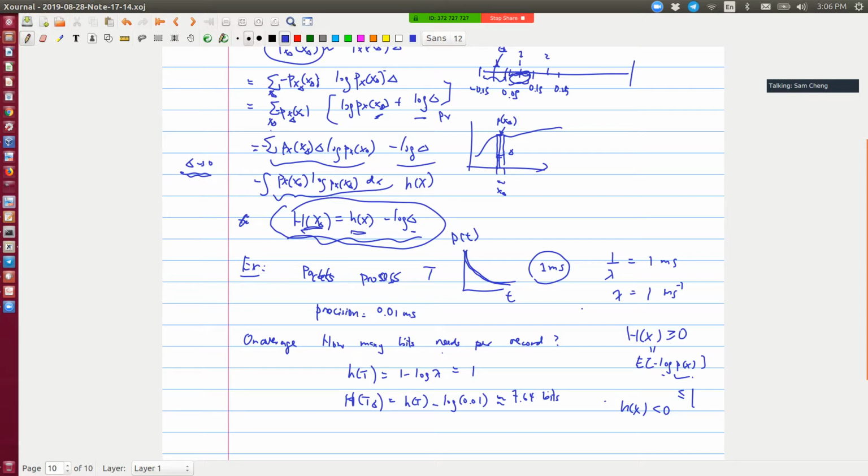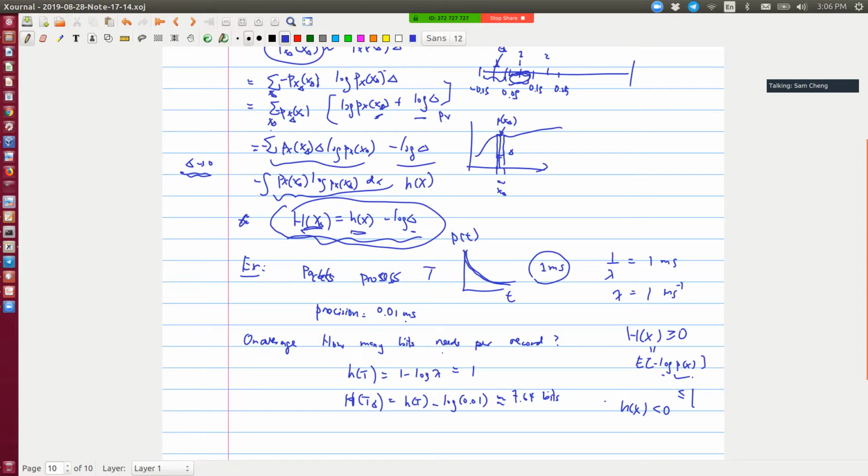We showed last time that we can then compare, let's say we quantize this with a quantization step size of 0.01 millisecond, and we try to store this information: for each symbol, how many bits does it need to store this record.